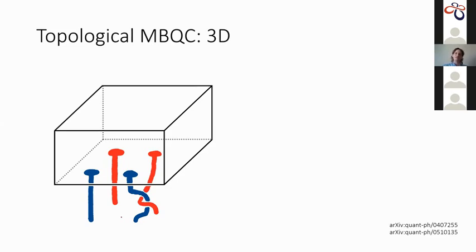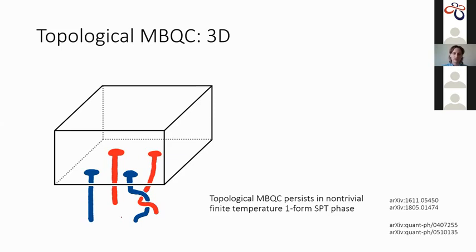So this is a way of taking what you could do by deforming things in a 2D Toric code and implementing it on the boundary of some 3D SPT model using measurement. Okay, and that's what we want to generalize.